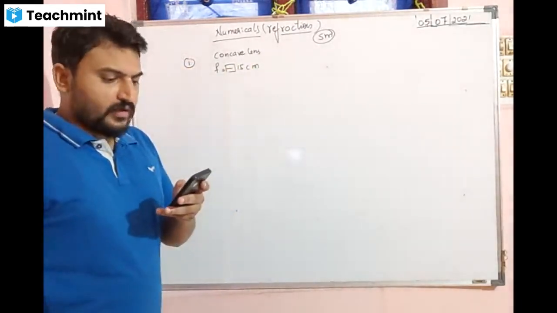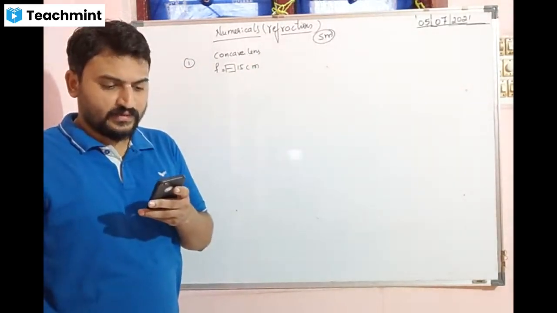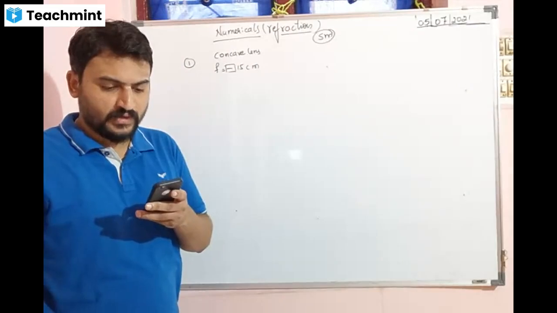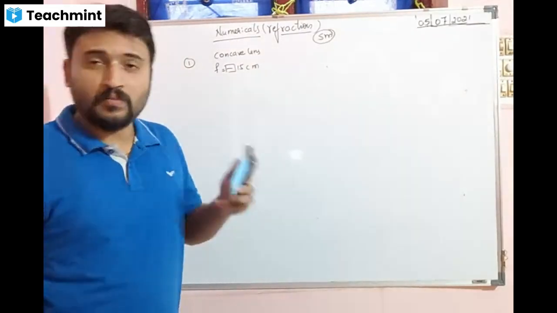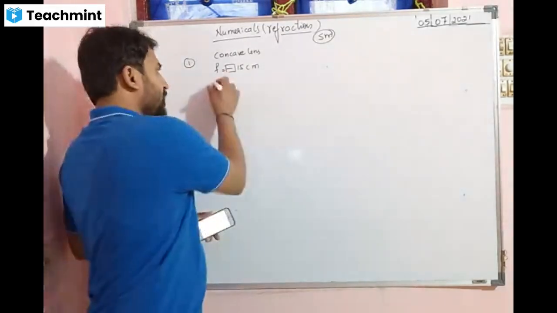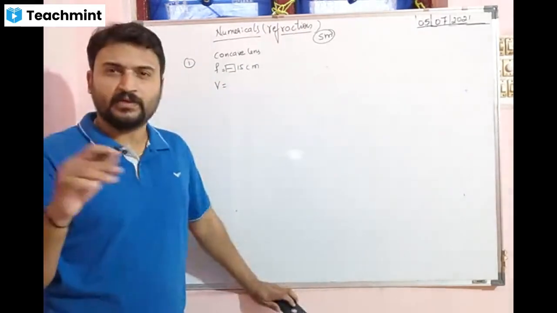So the concave lens has a focal length of 15 centimeter. At what distance should the object from the lens be placed so that it forms an image at 10 centimeters? So the image is formed at 10 centimeters. Image means V, isn't it? Concave forms a real image or virtual image?